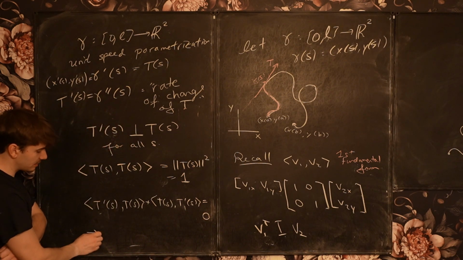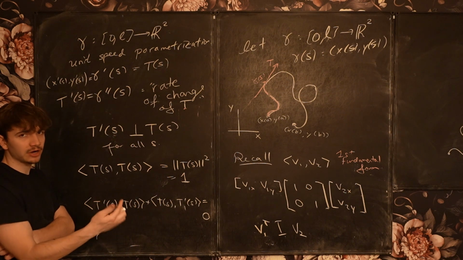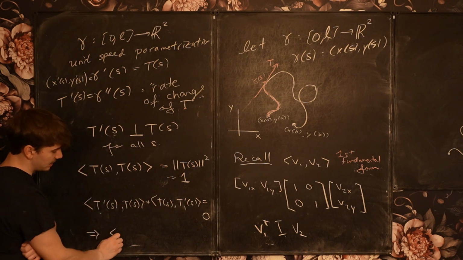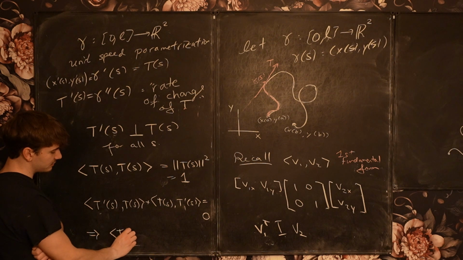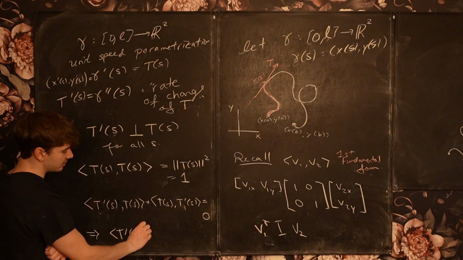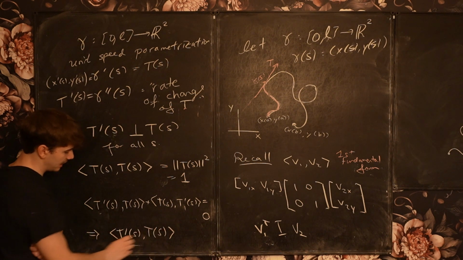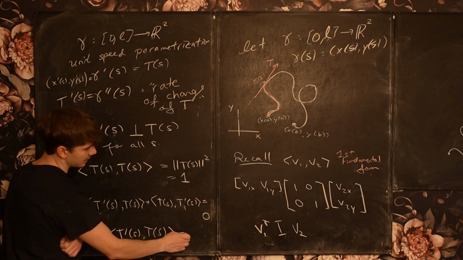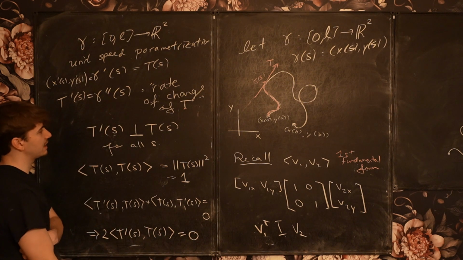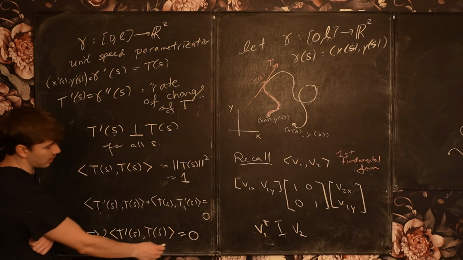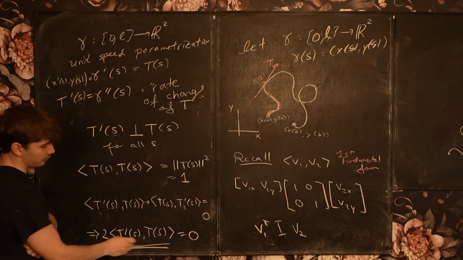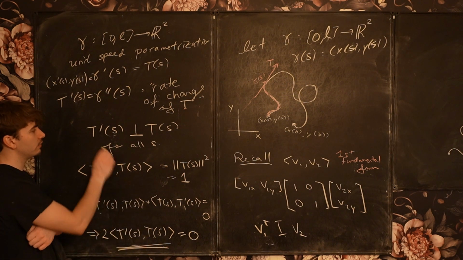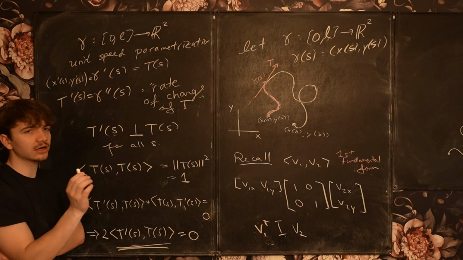Okay, so these two are the same because the inner product is symmetric. So this is going to be the inner product of t prime of s with t of s, and I have two copies of it, and that's equal to 0. Okay, so what that tells me is that this inner product, t prime with t of s, is 0, which means that t prime of s is orthogonal to t of s.